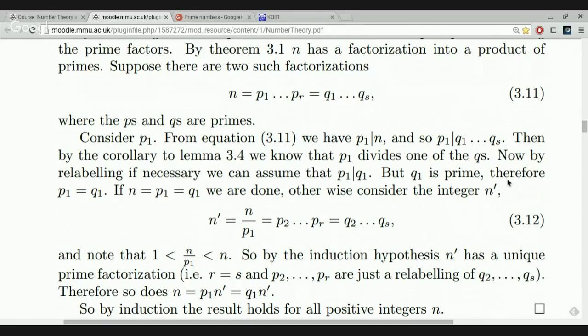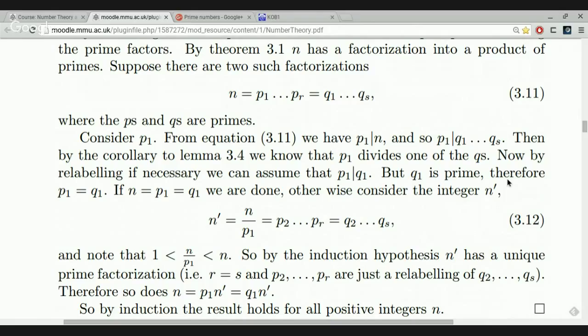So that tells us that these two lists are the same set of primes. And the prime we took away originally from n was P1, which we knew was the same as Q1. So P2 up to PR is the same as Q2 up to QS as lists of primes, which means the two original lists must be the same as well. So that proves that n factorizes uniquely into primes.